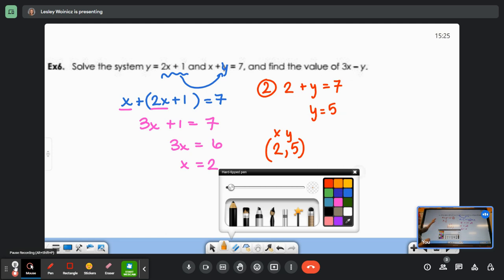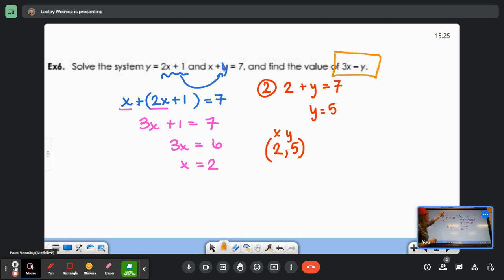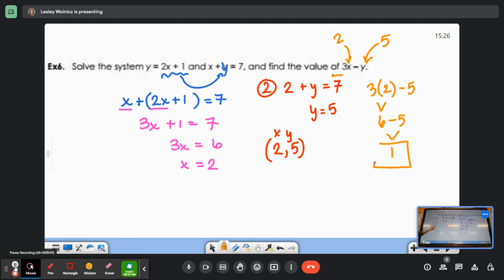The last part says I have to find the value of this expression using this x and this y. So I know that my x is 2 and my y is 5. So 3 times 2 minus 5. 3 times 2 is 6, minus 5 is 1. That's it. Thank you.